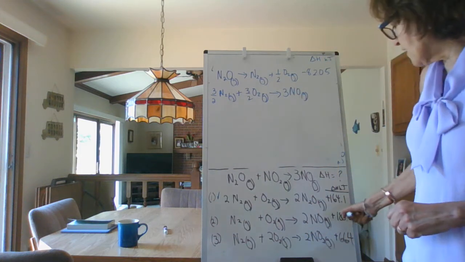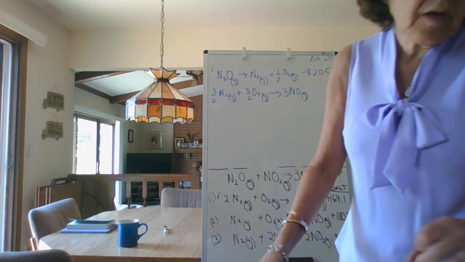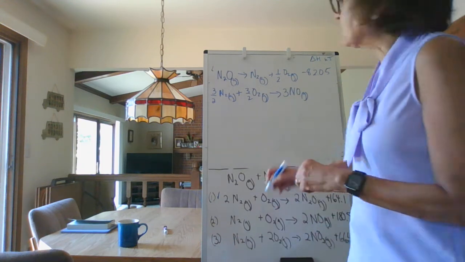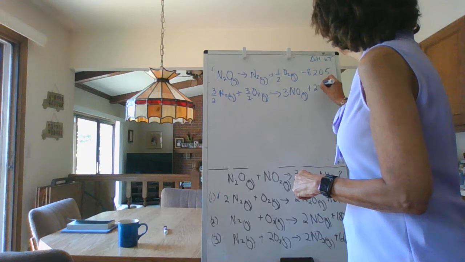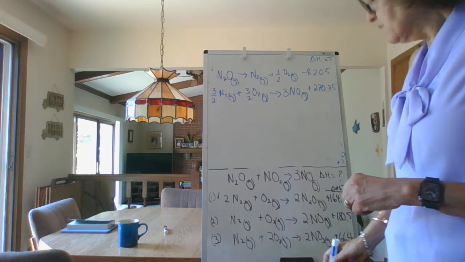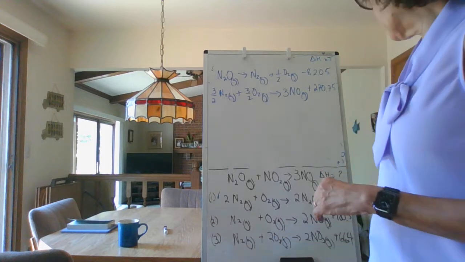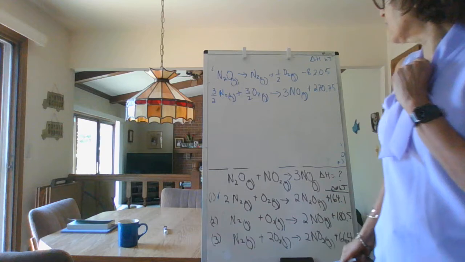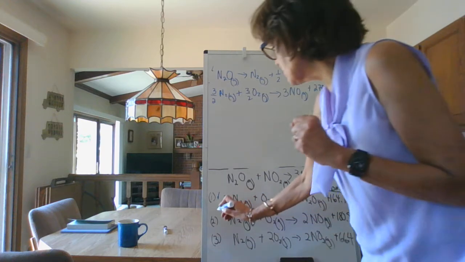Okay, now I have to multiply that 180.5 by 3 halves, and you get plus 270.75. So let's multiply by 3 divided by 2. Okay, good. All right, we're done with this one.